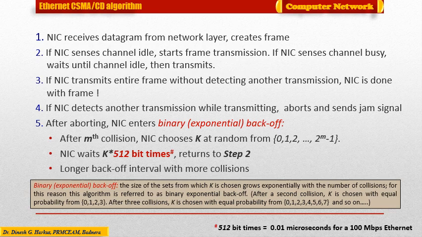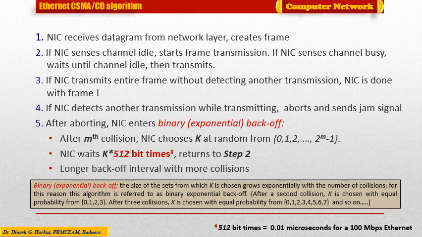Before analyzing the CSMA/CD protocol, let us now summarize its operation from the perspective of an adapter in a node attached to a broadcast channel. The adapter, that is the NIC, obtains a datagram from the network layer, prepares a link layer frame, and puts the frame in the adapter buffer.